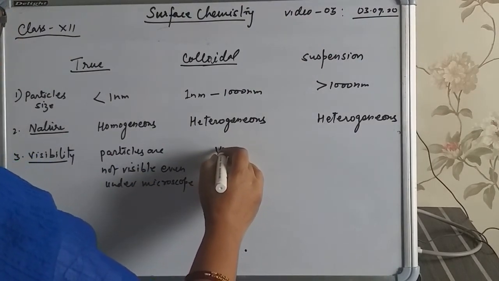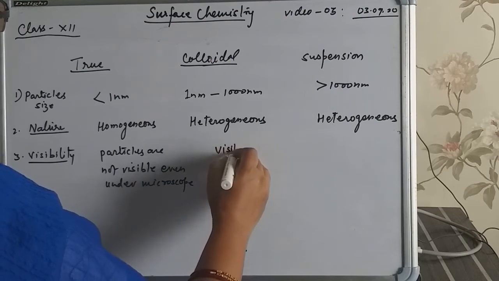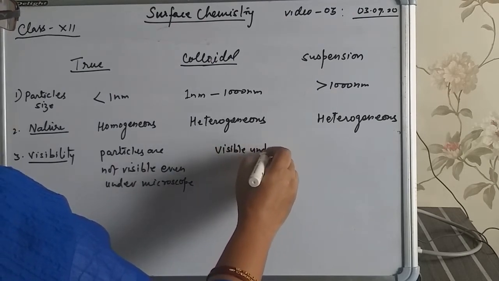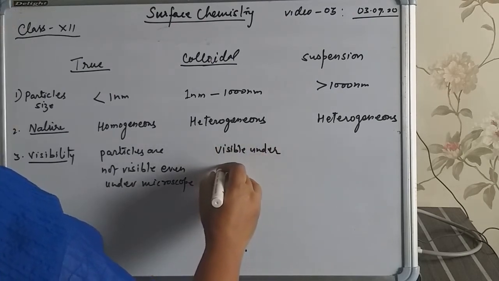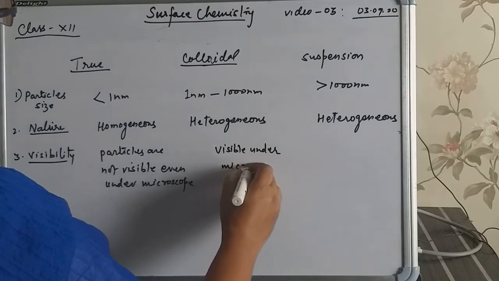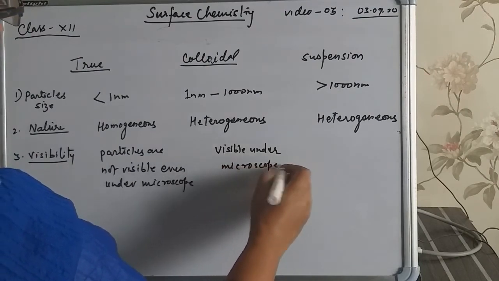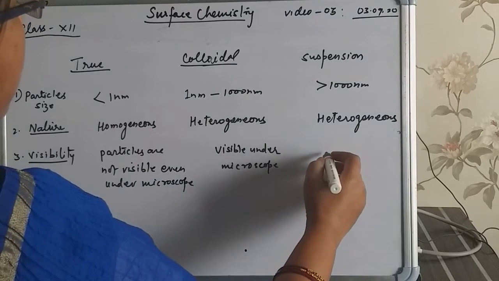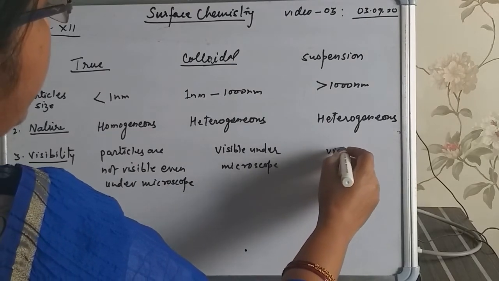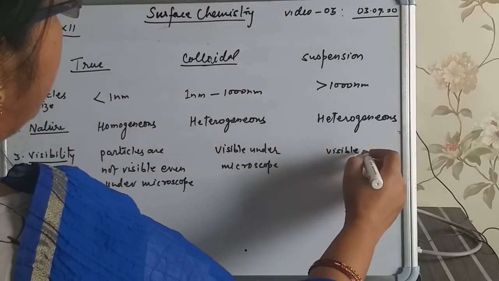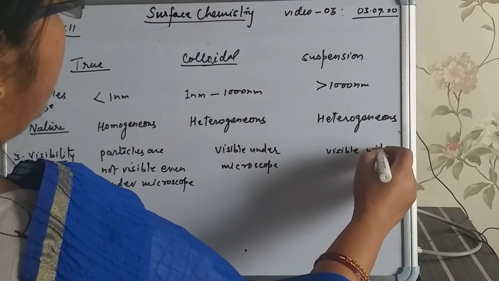Particles of colloidal solution are visible under a microscope. But the particles of suspension are visible with the naked eye. We can see with the naked eye.